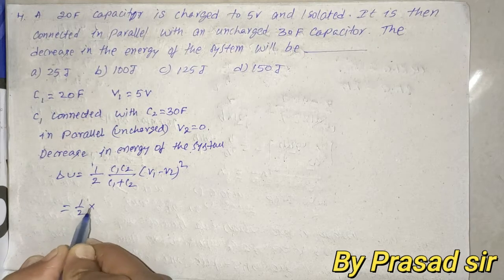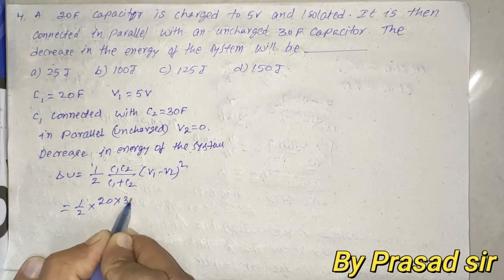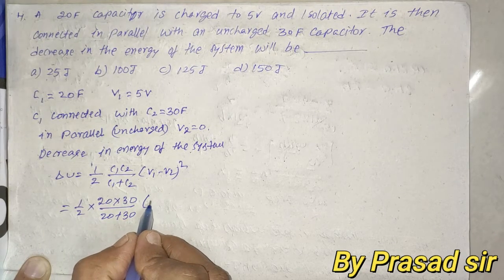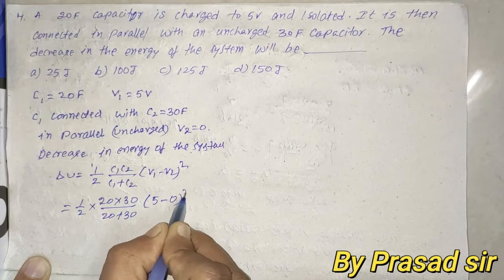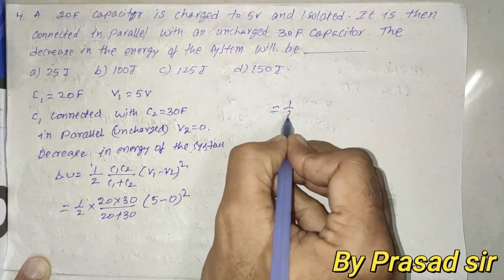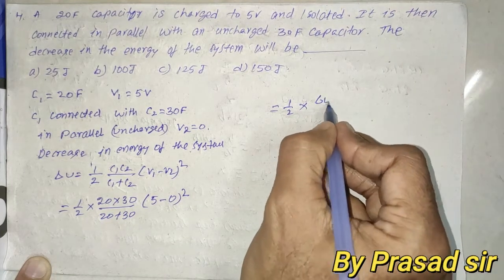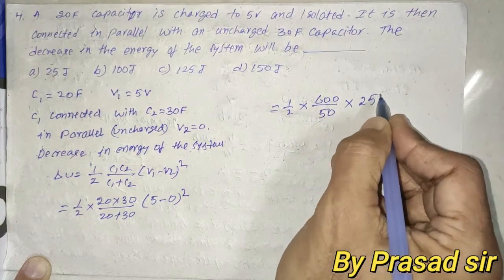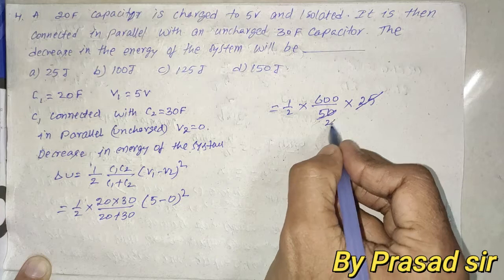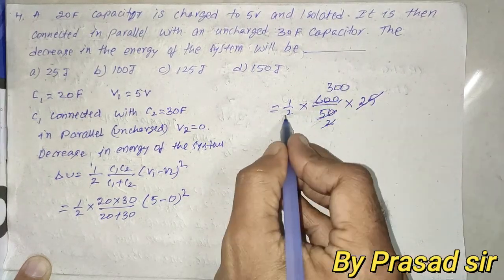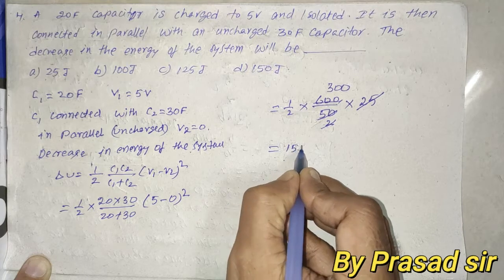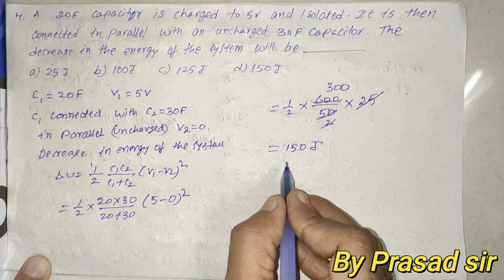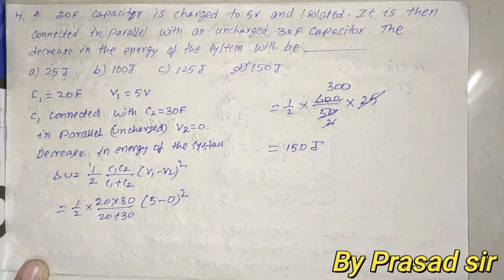So half into 20 into 30 divided by 20 plus 30, into (5 minus 0) whole square, is equal to half into 600 divided by 50 into 25. 25 twos are 50, 300 divided by 2 is 150. So that is 150 joules. That is the answer for this question. Option D is correct.